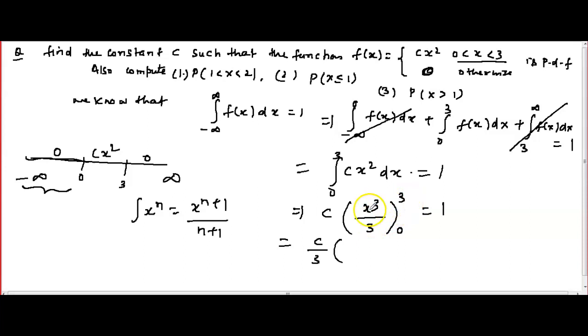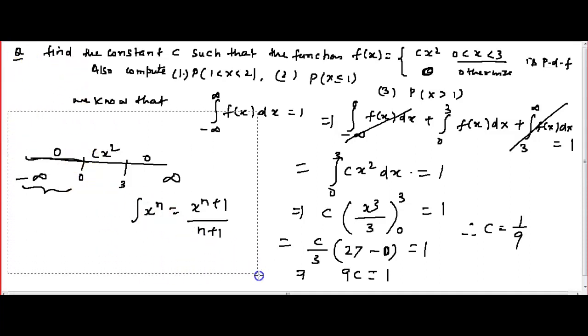Upper: 3 to the power 3 is 27, minus 0 when you substitute 0, is equal to 1. So this becomes 9c is equal to 1, so c is equal to 1 by 9. Getting it here? So we got c is equal to 1 by 9.